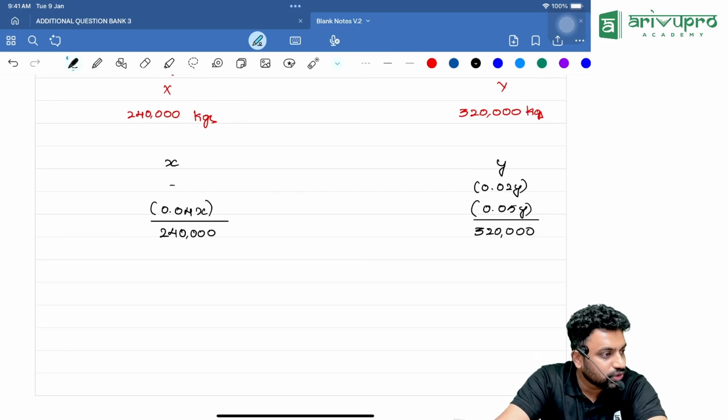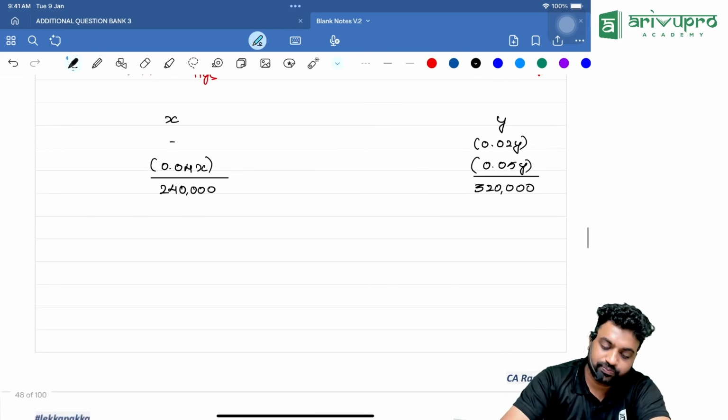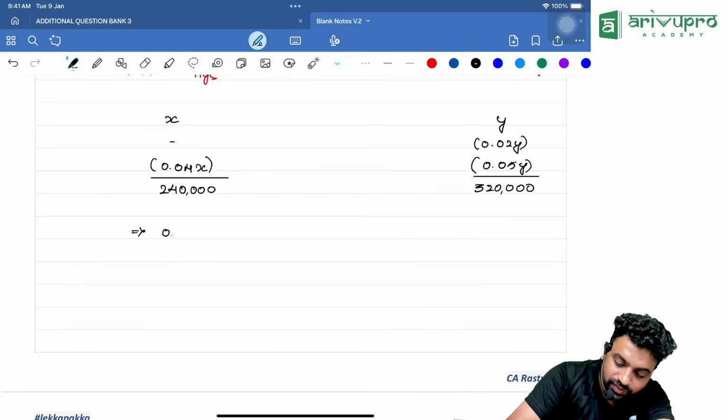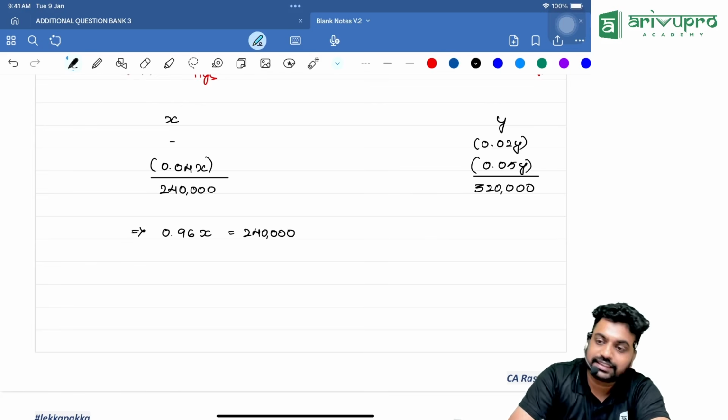I hope you understood. Now, x minus 0.04x is 0.96x. That is equal to 2,40,000.